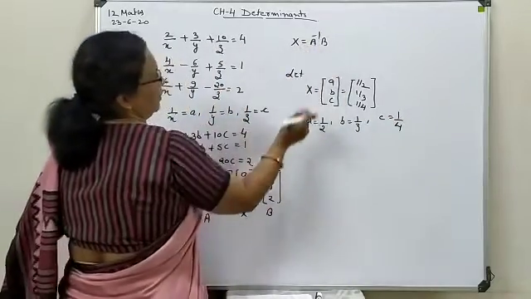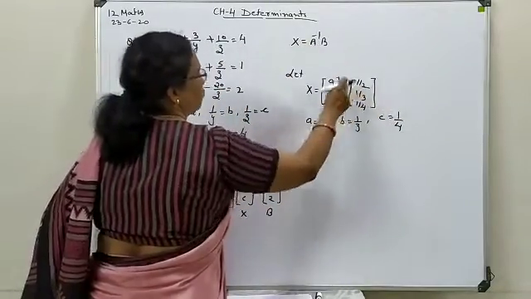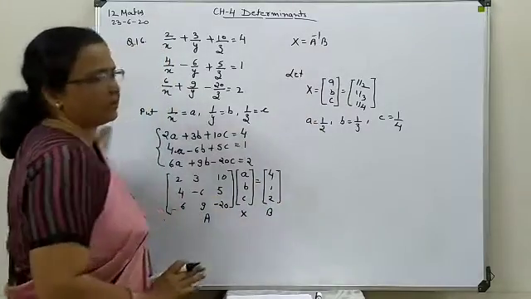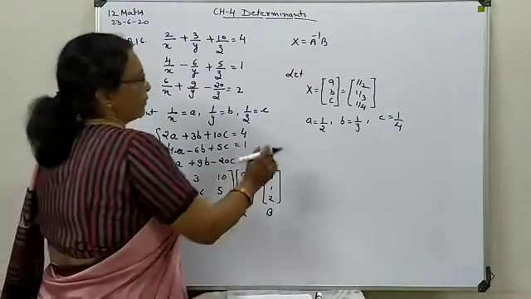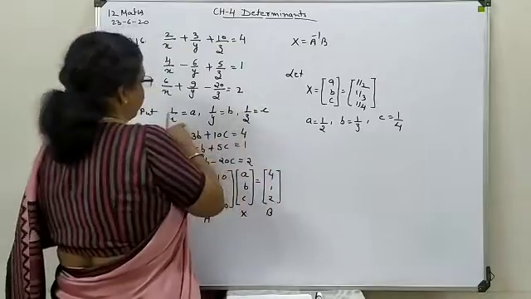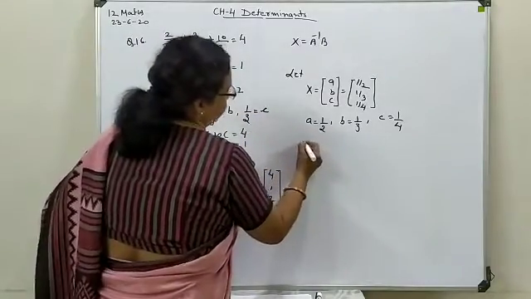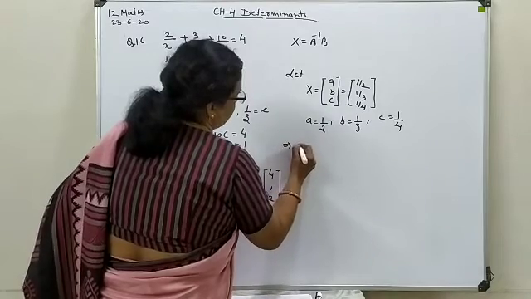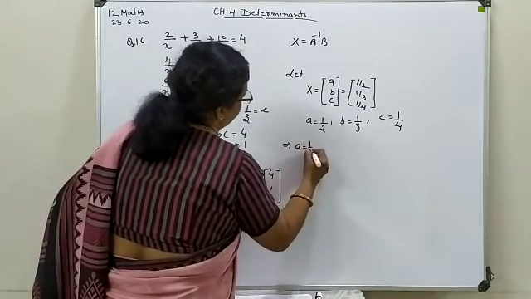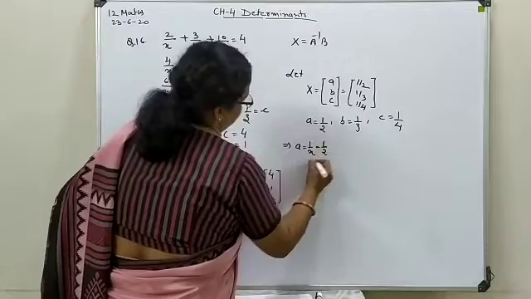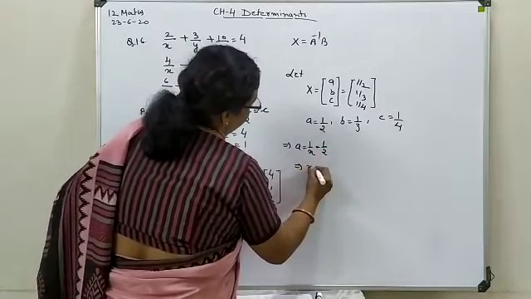On sorting it out, you will have somewhat the actual value. This I have written just for reference. Now a means what? From the beginning a was written as 1 by x. So this is a equals 1 by x, you are getting 1 by 2. So from here x will come out as 2.